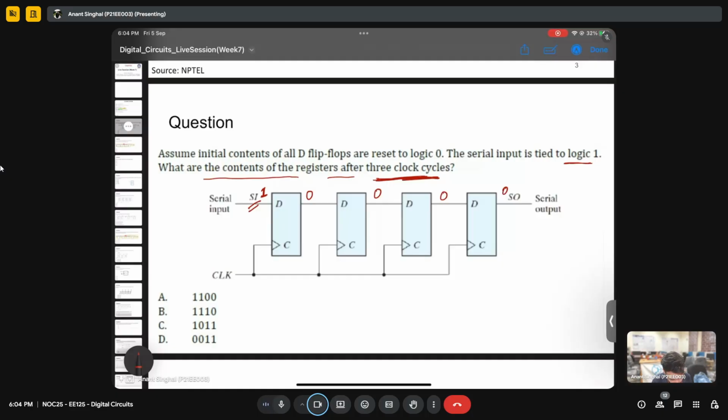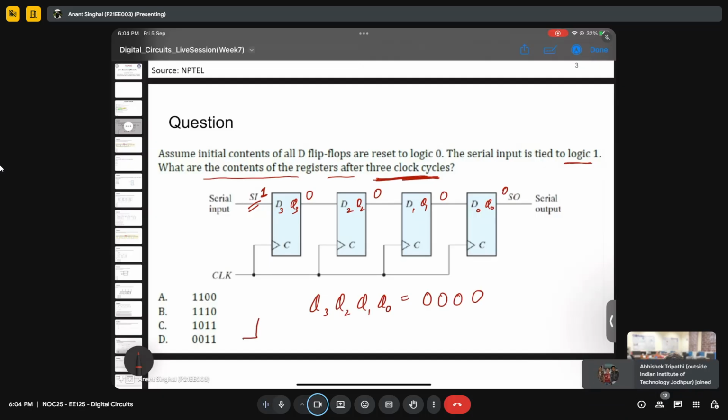To simplify this, I can name these 3, 2, 1, 0, so this would be Q3, Q2, Q1, and Q0. Initially Q3, Q2, Q1, Q0 is 0, 0, 0, 0. The question is asking after 3 clock edge cycles. Since this is positive edge triggered, after 3 cycles, maybe like this, and like this. So it is asking about the status of this. Are you able to understand the question?